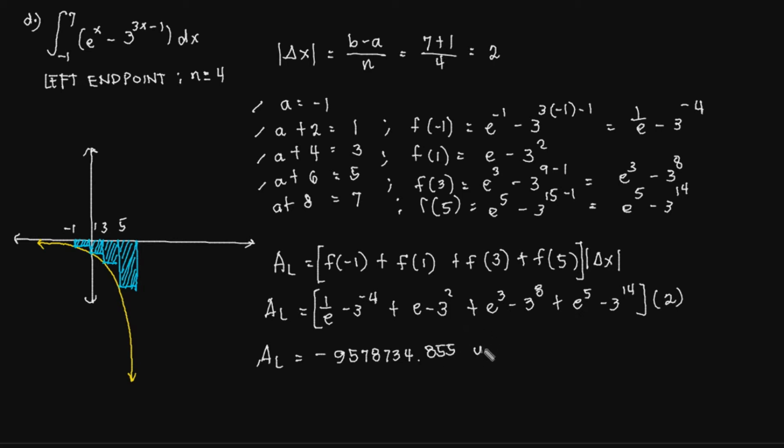Don't forget the unit is square units. Okay, so this is our answer using the left endpoint. It's that simple: evaluate and then multiply by the norm, and you're done with the Riemann sum.